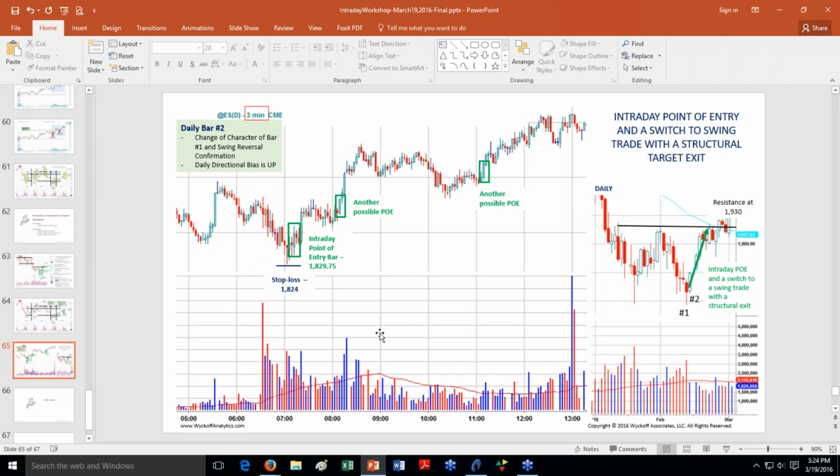And the way you develop this technique is you have to be comfortable with the intraday interpretation, with thinking about particular biases on the specific swings, and then be comfortable with the conversion to the swing trade.